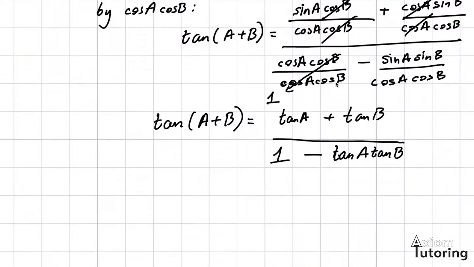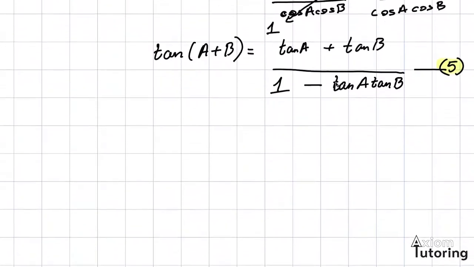And so now we have our expression for tan of A plus B. And that is our fifth compound angle formula.